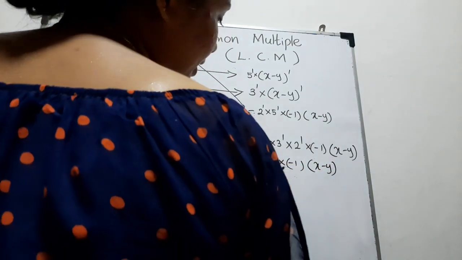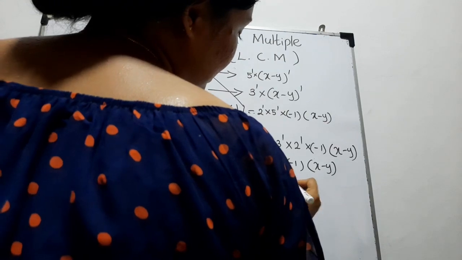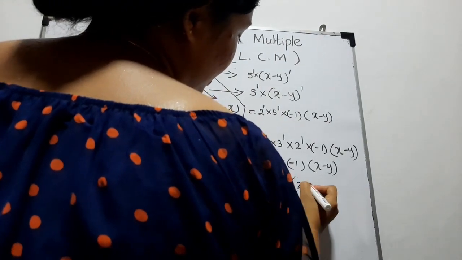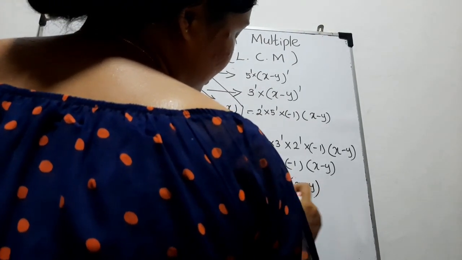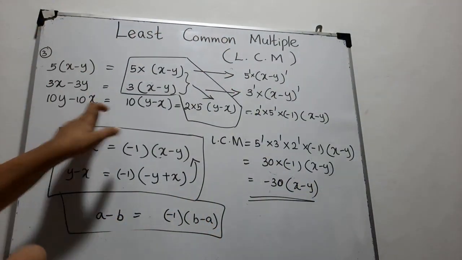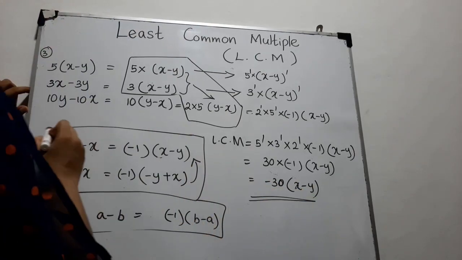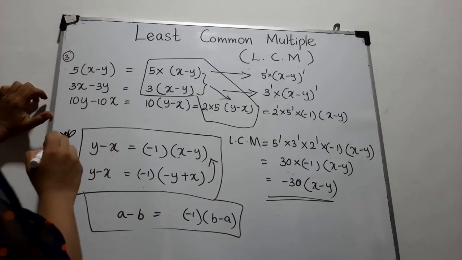We have to multiply 30 and negative 1: negative 30 times x minus y. Not needed to simplify these two factors. Now the LCM of these three expressions is minus 30 times x minus y. You have to keep those in your mind.